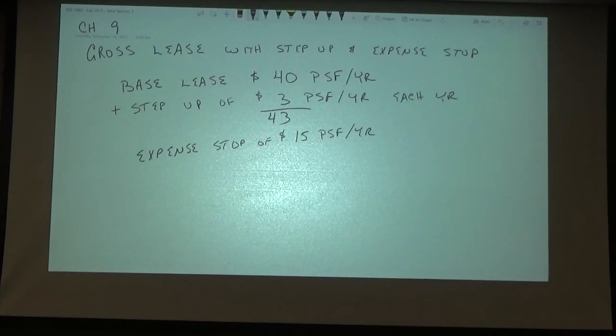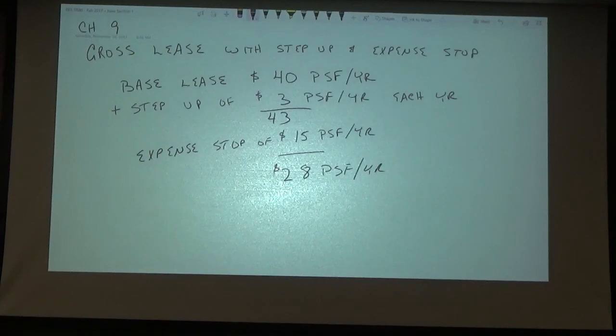But the owner of the property is responsible for that first 15, so you're going to subtract out the 15, and that's going to leave you with what? 28. Okay? $28 per square foot per year would be the net that you would be receiving as the property owner. Everybody cool with that? It's as simple as that. Don't make it more complicated, okay?